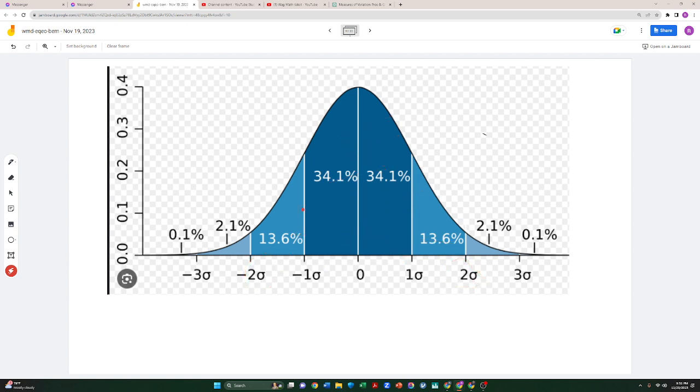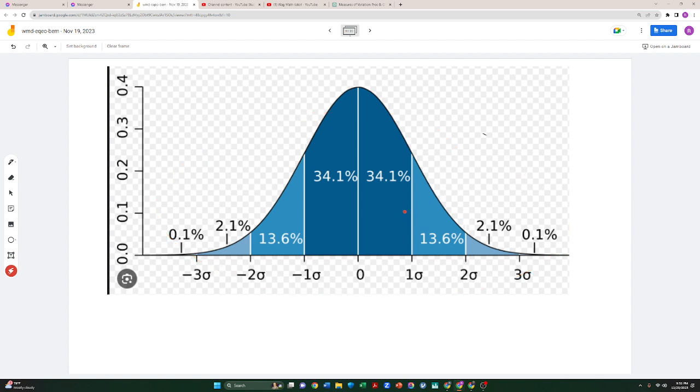And within the three standard deviations, 34.1% plus 34.1% plus 13.6% plus 13.6% plus 2.1% plus 2.1%, approximately 99.7%. So that is called the empirical rule.